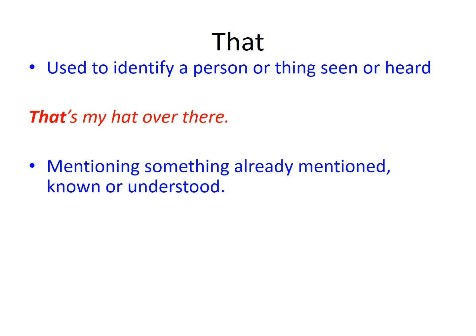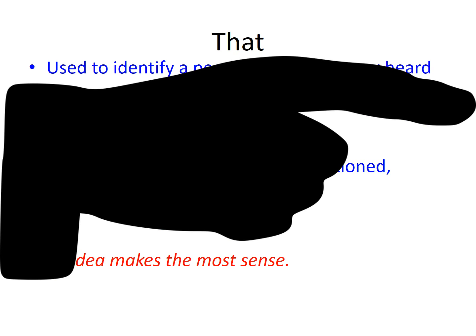Let's take, for example, that idea makes the most sense. From that sentence, what we've understood is that of all the ideas that have come up in this conversation, that idea, the idea that somebody else already mentioned, is the most sensible. And so the person in this last sentence has pointed out which idea they agree with the most.